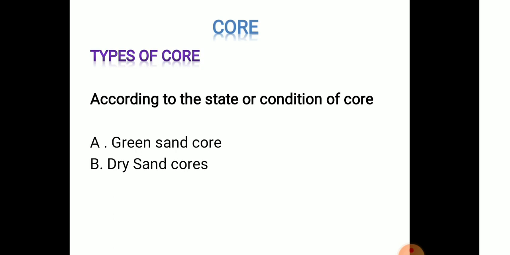A dry sand core is made in a core box and it is baked after ramming. A dry sand core is positioned in the mold on core seats formed by the core print on the pattern. A dry sand core is inserted in a mold before closing it. These are the two types according to the state or condition of cores.